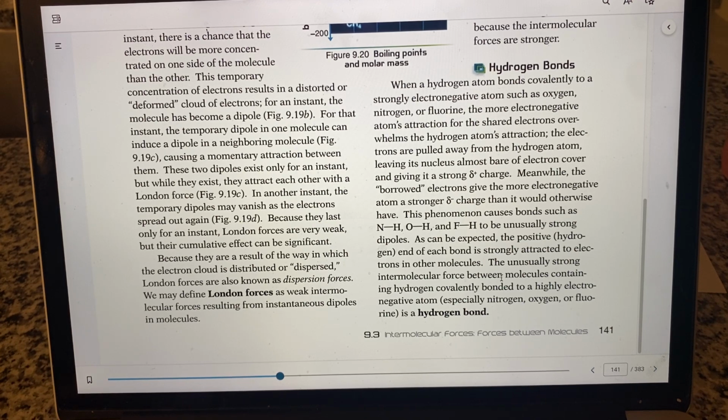That's why they say the hydrogen bond will have a really, really strong polar nucleus for hydrogen, because that electron is just pulled away really strongly. So these have very strong dipoles pulling on them, and hydrogen bonds usually have very strong intermolecular force between the molecules, containing hydrogen bonded to highly electronegative atoms, like I said before.